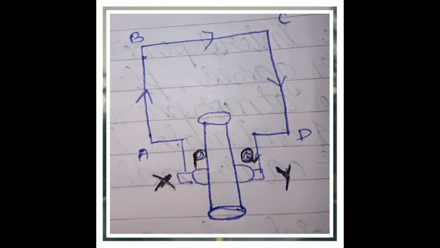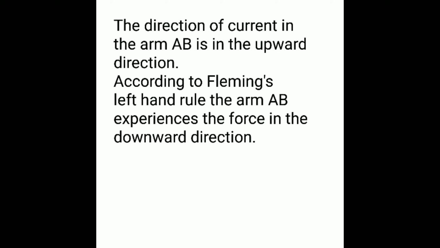Already we learned that the magnetic field lines always start from the north pole and end at the south pole. So the magnetic field direction and the current direction are now perpendicular to each other. So the arm AB experiences a force.